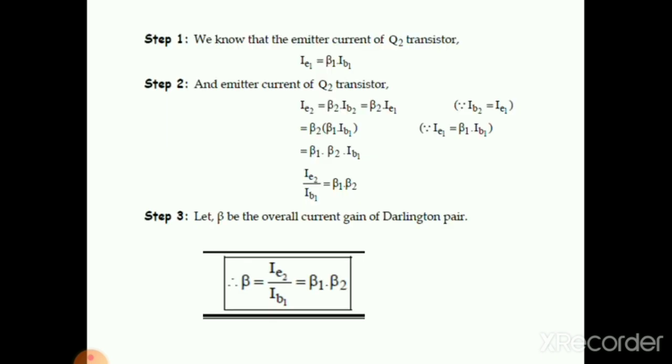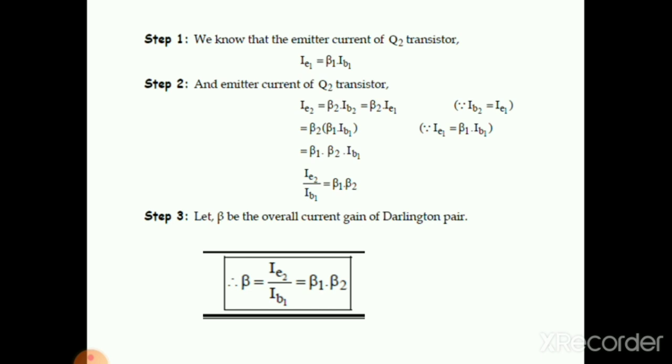Now see the derivation. We know that the emitter current of Q1, IE1, is equal to beta 1 IB1, and the emitter current of Q2, IE2, is equal to beta 2 IB2. We know IB2 is equal to IE1, so replace IB2 with IE1.